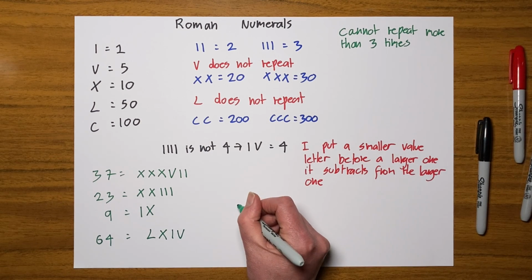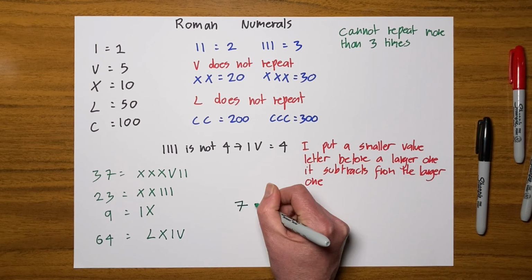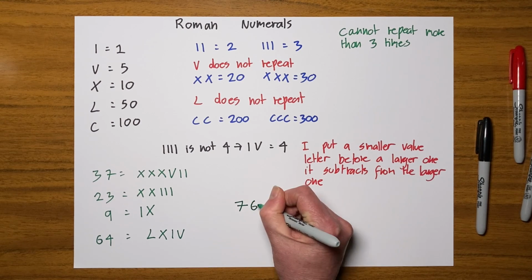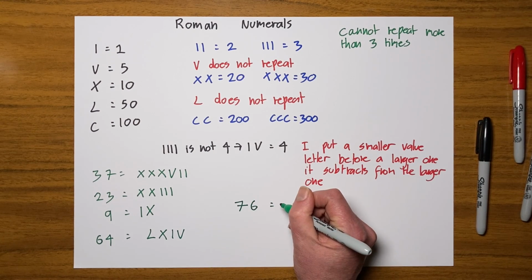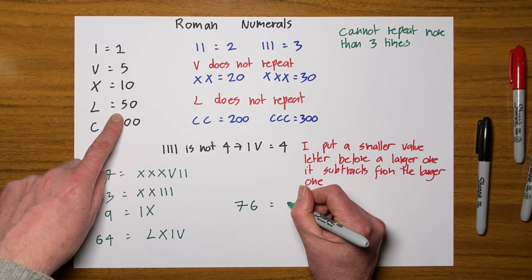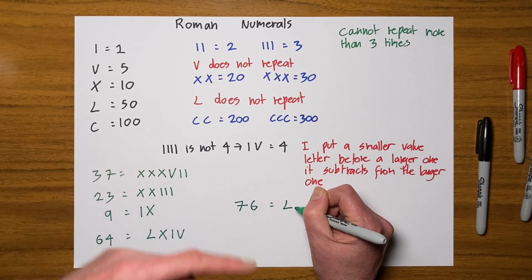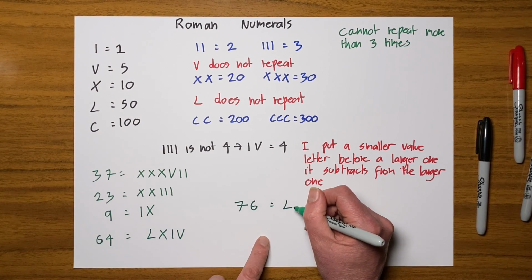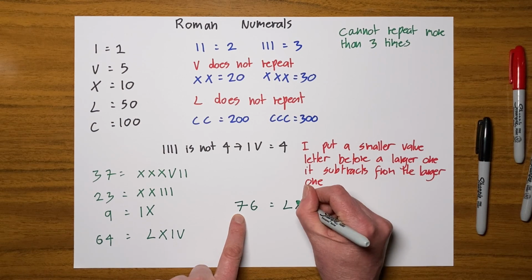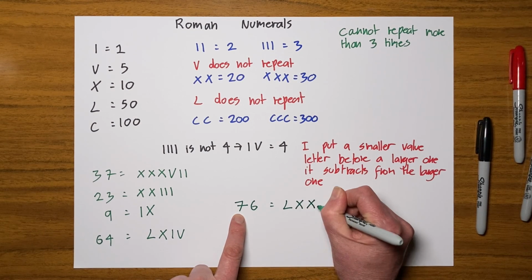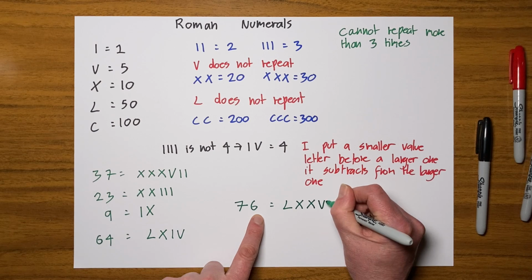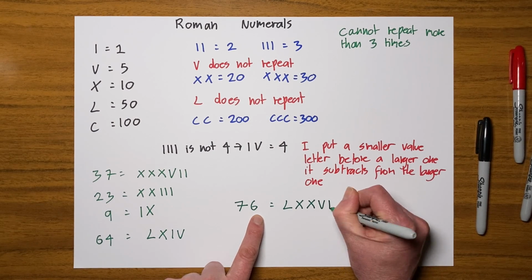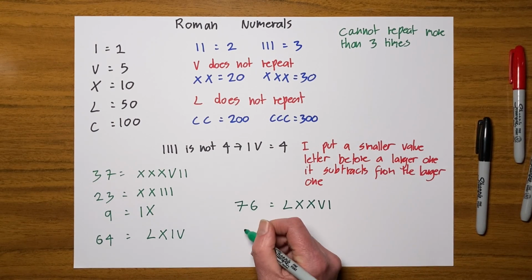Let's go for 76. So 76 is going to be 50, which is L. And then we're going to go to X is 60, another X is 70, 5 for 75, and then 1 more for 76.